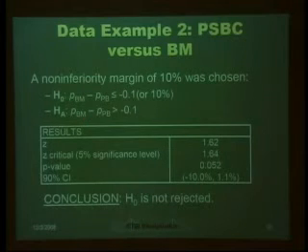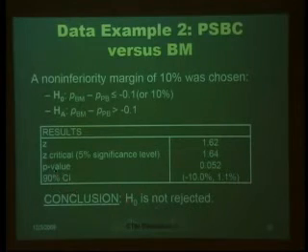I computed the z-value using that formula I showed you. This is my critical value, so I compared this value with this one. It is smaller, so I don't have evidence to reject the null. The null hypothesis is not rejected. If you compute the p-value, the p-value is greater than 5%. Here I am using a 5% significance level, so I don't reject the null.